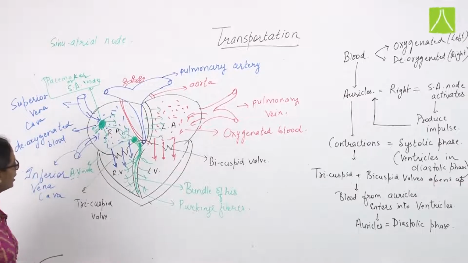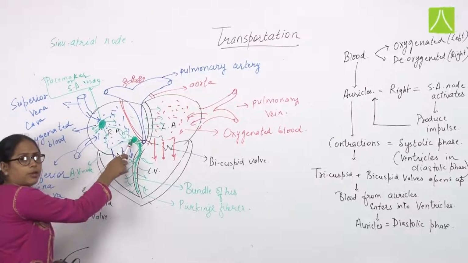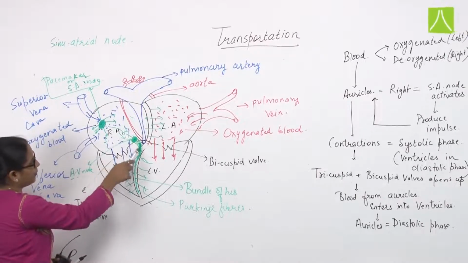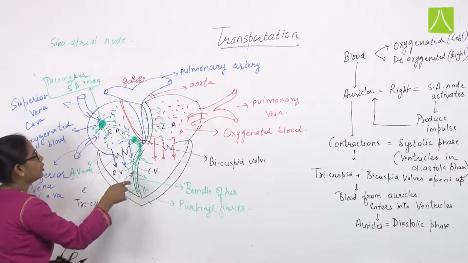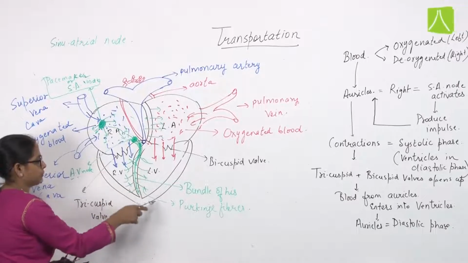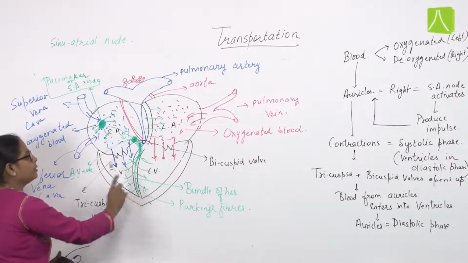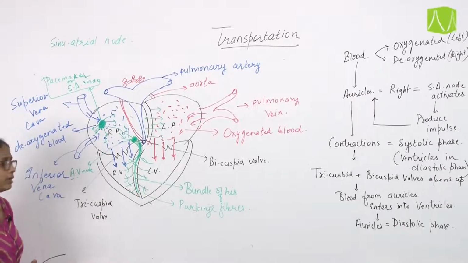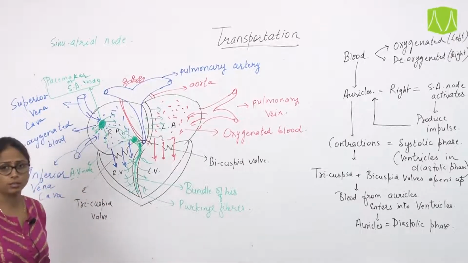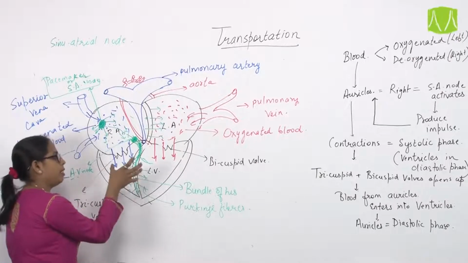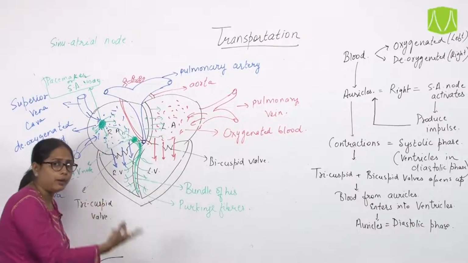Now what happened? Whenever the SA node transfers the impulses to the AV node, the AV node transfers its impulse to the bundle of His, and the bundle of His transfers those signals to the Purkinje fibers, due to which the whole ventricle, that means the wall of the ventricle, now contracts. And when this contraction starts, the pressure of blood entering into the ventricle becomes higher.